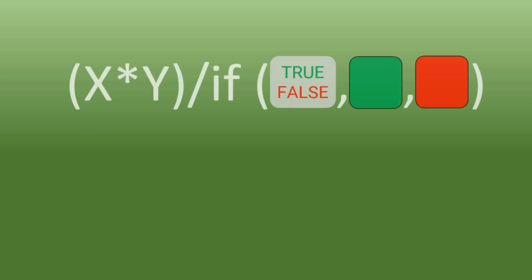So we have learned how to create a function. Using it, we can create more complex functions instead. Like here, we have multiplication that is done in the left part, and we would like to divide it by the results of IF function. So for instance, if we would like to have this multiplication done in the morning, we are going to use it as true.